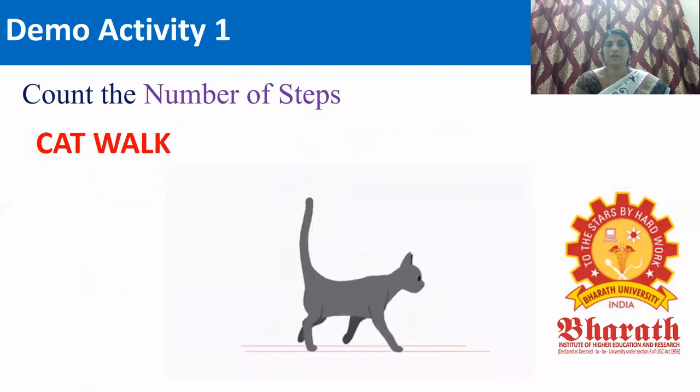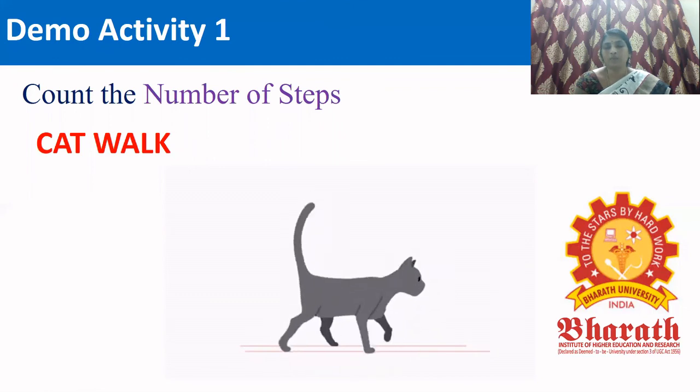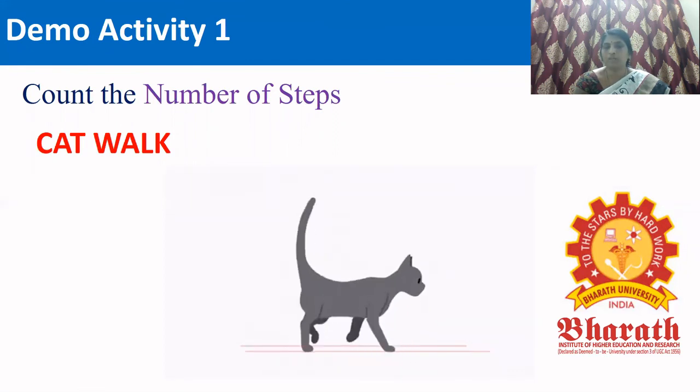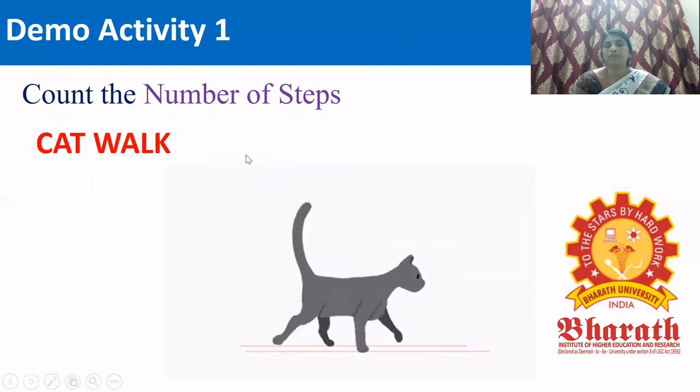Then we conclude the session with a demo activity for a variable. You can see the cat walking, so we can count the number of steps. That becomes the variable. When the cat walks slowly or fast, accordingly the number of steps varies.